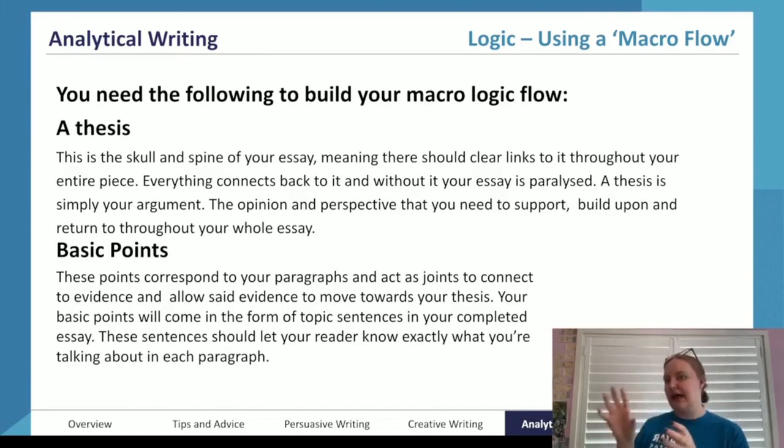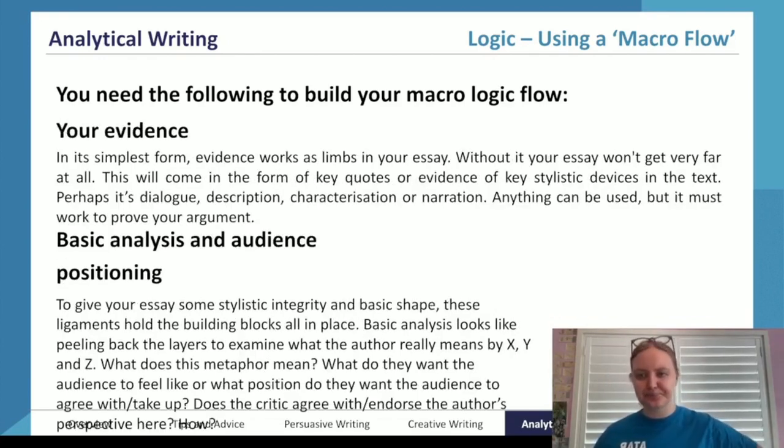So again, clarity over complexity, remember our golden rule. This is so true in your thesis and your topic sentences. These need to be abundantly clear, the clearest part of your essay, because otherwise whoever is marking your work won't know where you're up to or what you're talking about, and things will get muddled and confused. So definitely make sure you have real clarity in those parts of the essay.